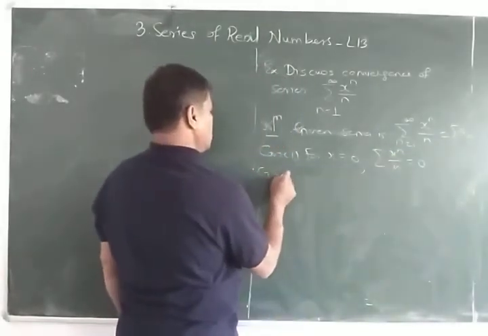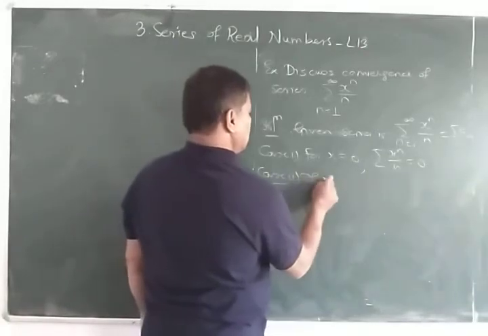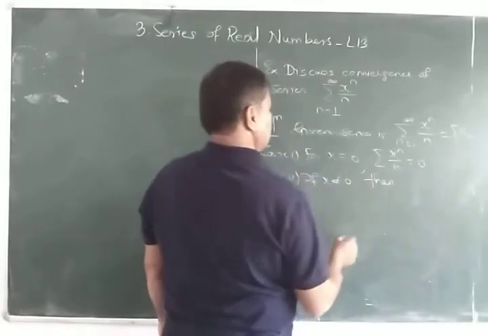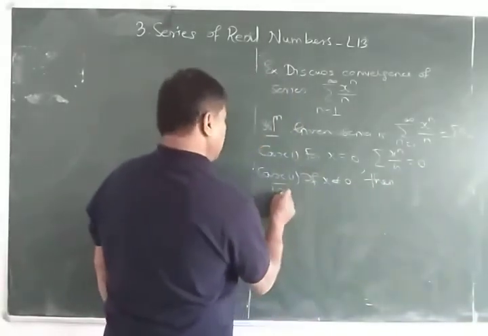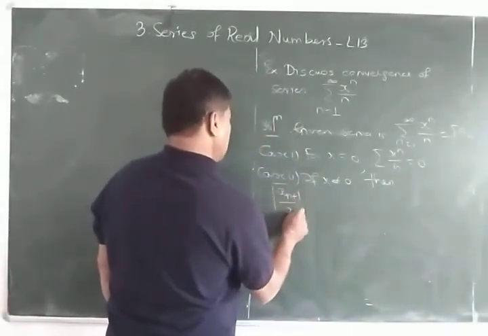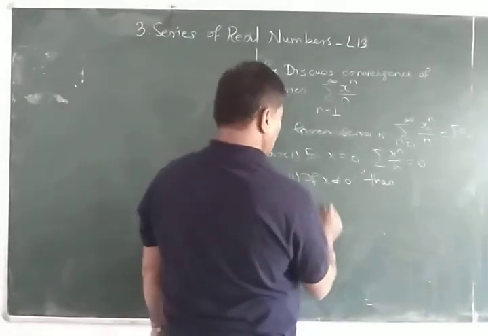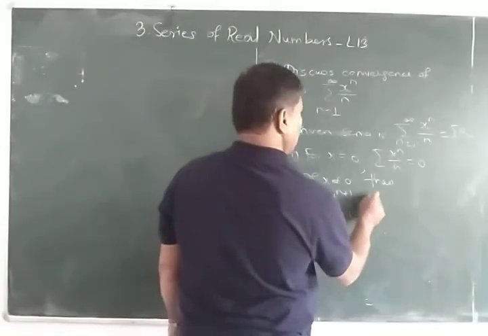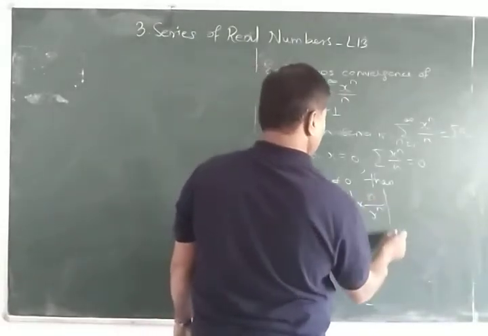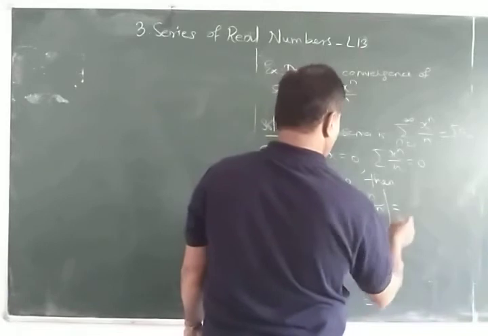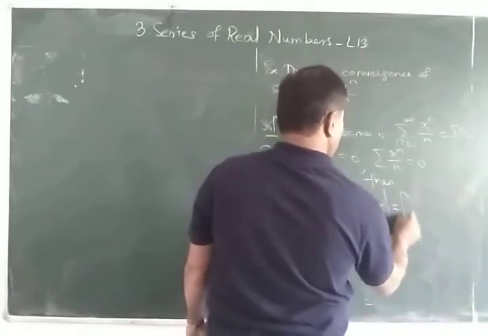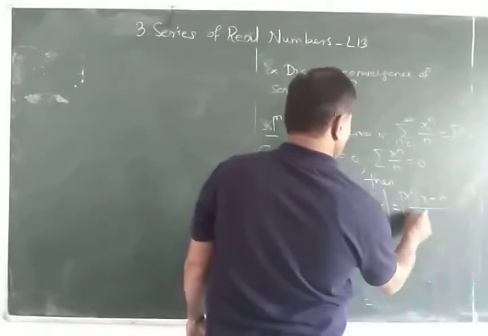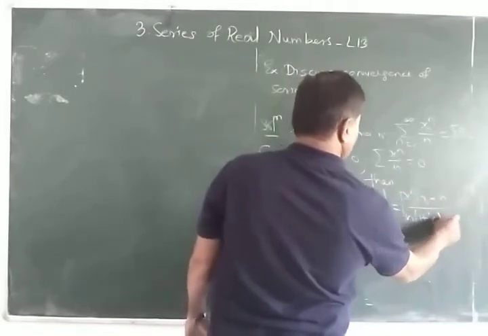Case 2: if x not equal to 0, then mod of a_(n+1) upon a_n equal to mod of x raised to n plus 1 upon n plus 1 into n upon x raised to n, and this will become x raised to n into x into n upon n into 1 plus 1 upon n into x raised to n.